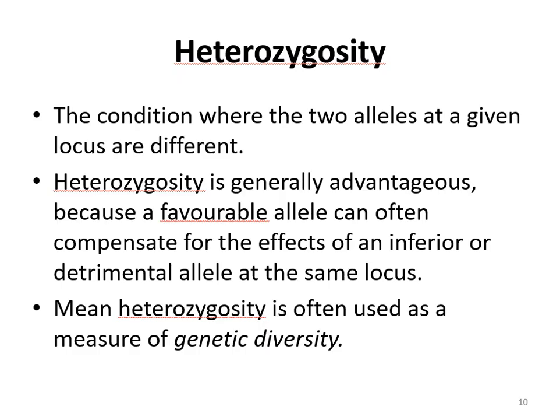Now, coming back to the basic definition of heterozygosity, it is a condition where 2 alleles at a given locus are different. Heterozygosity is generally advantageous because a favorable allele can often compensate for the effect of an inferior or detrimental allele at the same locus, and usually mean heterozygosity is used as a measure of genetic diversity.